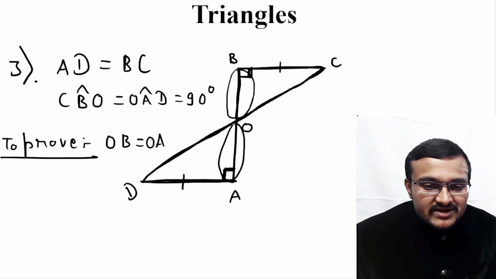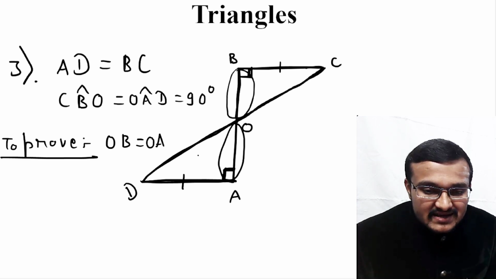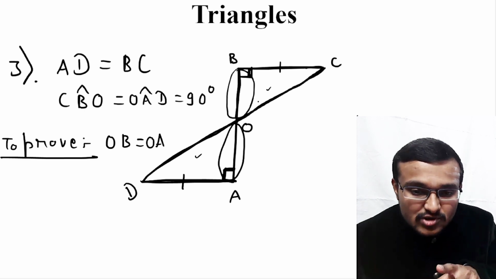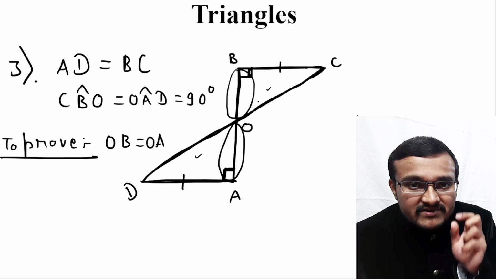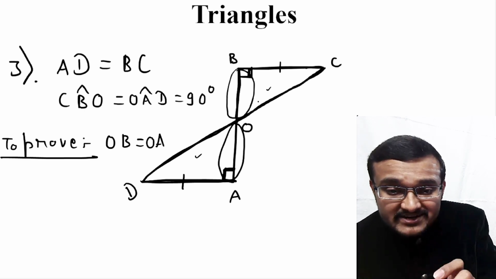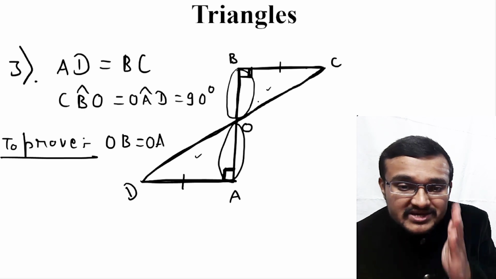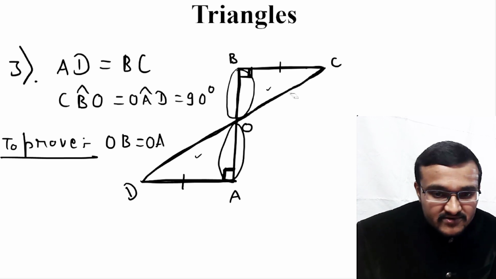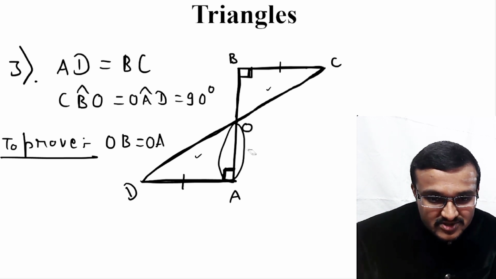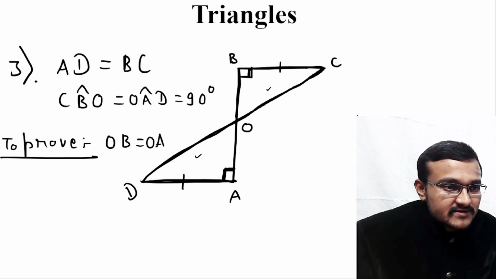In order to do that, we can straight away take this particular triangle and this particular triangle and prove that they both are congruent with each other. And based on this, we will try to find out whether OB is equal to OA or not. Now I'll erase these circles, what I have written here.